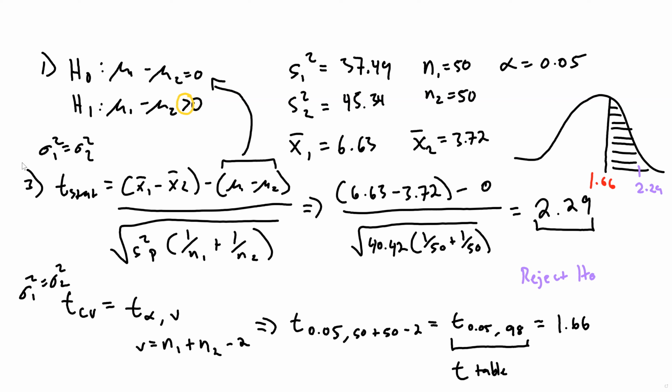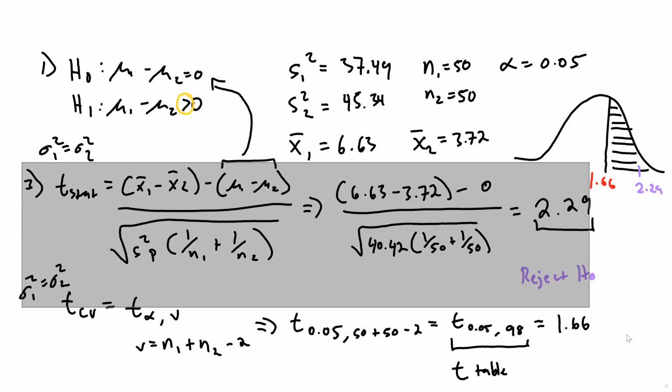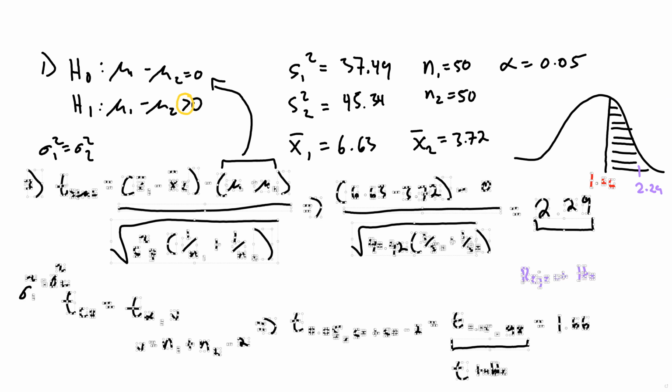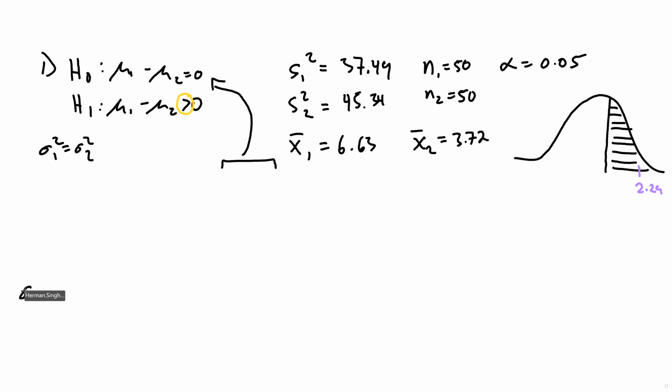So if we're continuing on with this problem right here, I'm going to put in my t-stat was 2.29. My t-critical value was 1.66.